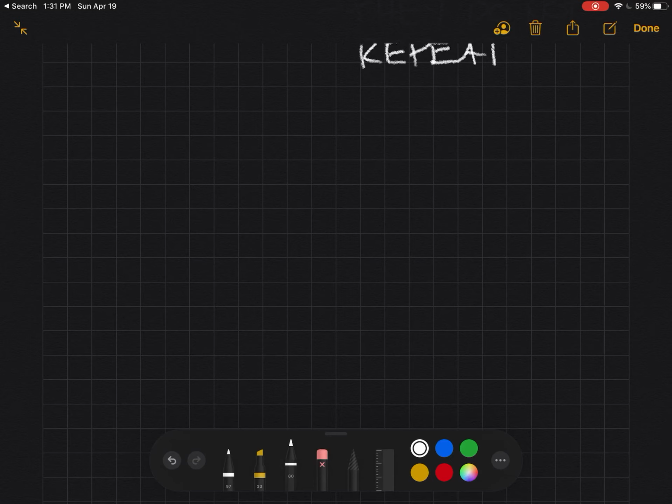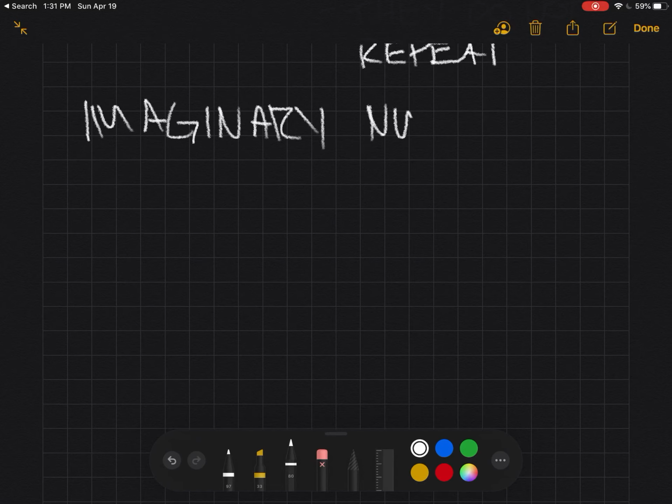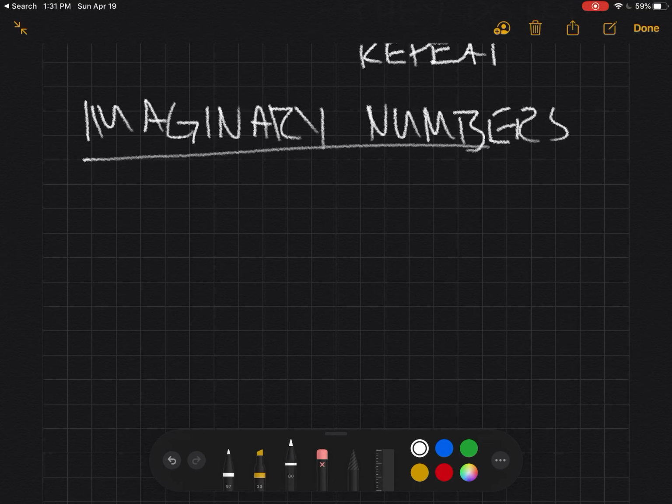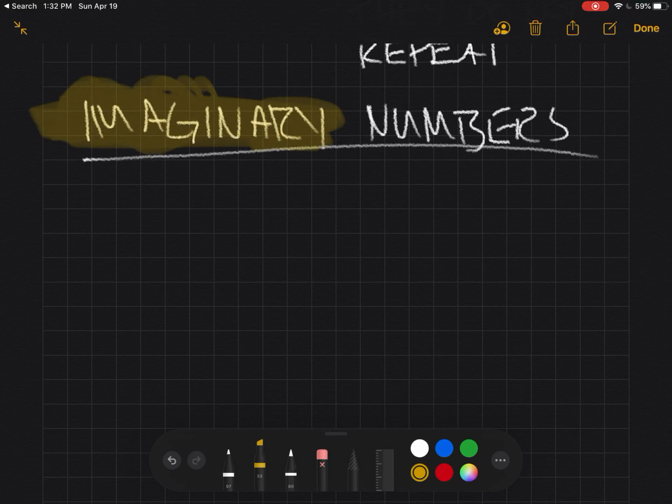And they do not repeat. So today we're going to talk about a new kind of number. We're going to talk about imaginary numbers today.